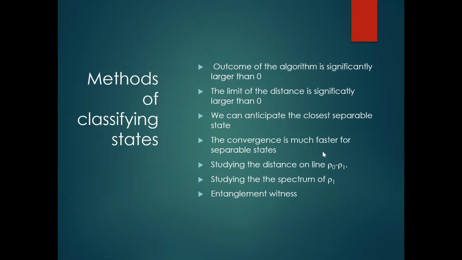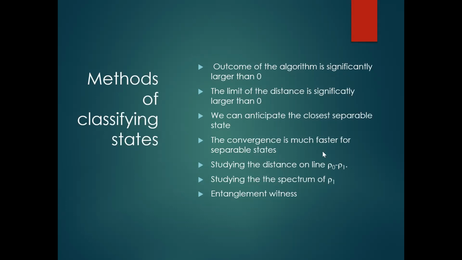Then you can anticipate the closest separable state, but that works obviously in very few cases. Then there's this effect that if you study a state deep in the interior of separable states, the convergence is very fast and goes in a few minutes down to numerical precision.